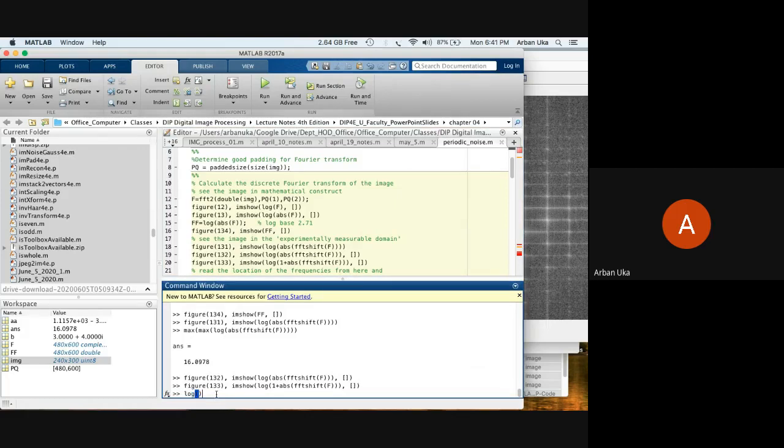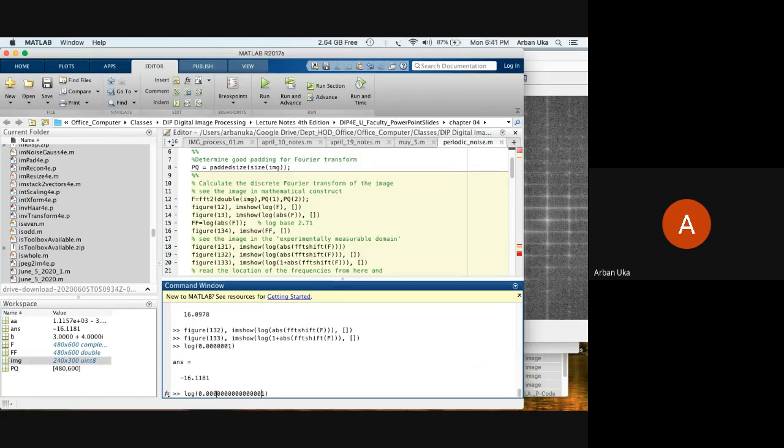So the logarithm of 0.0001 is minus 16. Oh yeah, this is what we got before. But let's assume for a moment we get minus 36, and here we get minus infinity. Because you know how the logarithmic function looks, right? It goes from minus infinity to plus infinity.